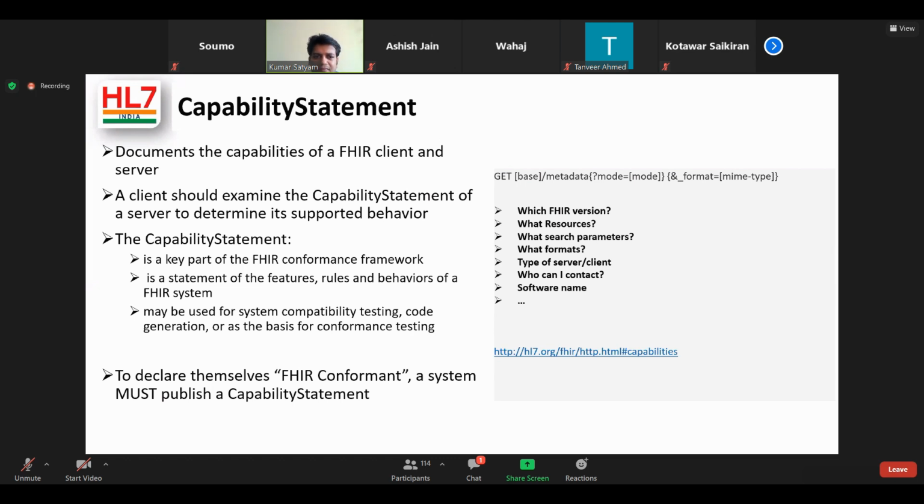Okay. And on the right hand side, you see this is how you get the capability statement. You just go to the FHIR server base and just do metadata. Everything else is optional. If you want to keep it, you do it. Otherwise, just metadata and you get the capability statement. For more information about the capability statement, you can go to the spec, which is mentioned below.